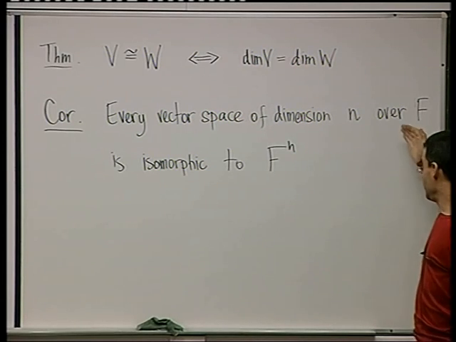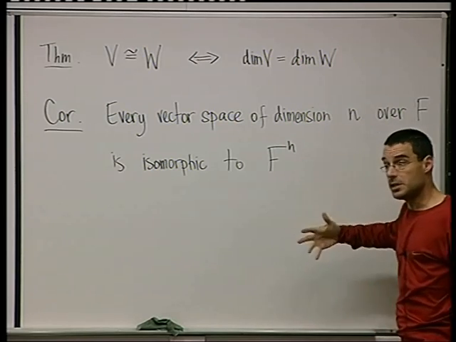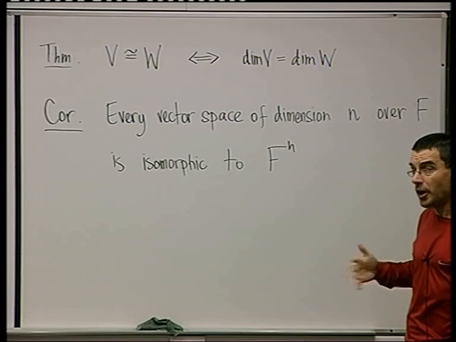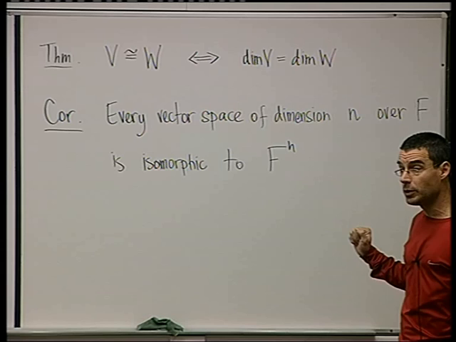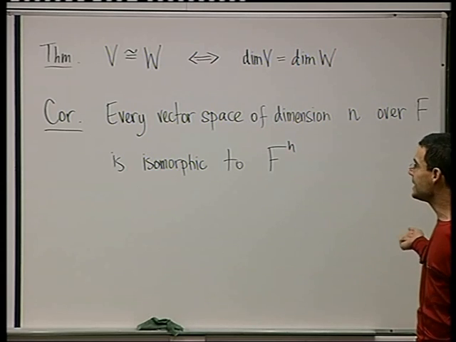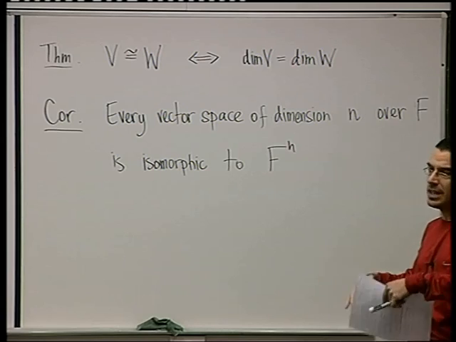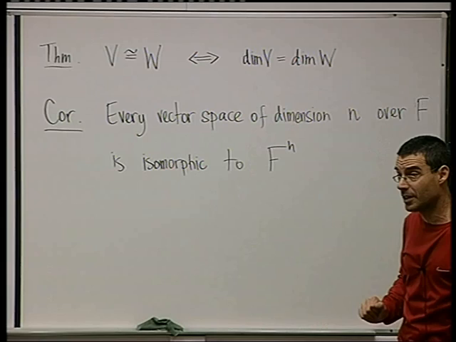Okay? And the way we use this is by passing to coordinate vectors. When we had R3[x], polynomials of degree less than or equal to 3, we said, well, they're polynomials, they're functions, they have derivatives, they have integrals, they're really guys that live in calculus, right?